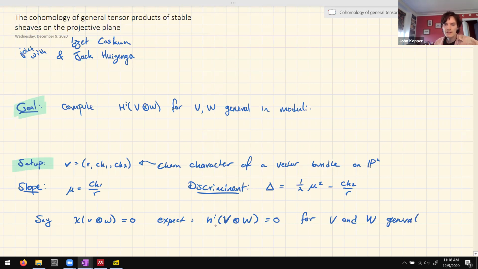And then the locus where this fails, the locus where there are cohomology groups, is going to form some kind of theta divisor. So some theta divisor in each moduli space, M of V and M of W. This type of thing can be interesting if I want to, say, compute the effective cone, which has been done.